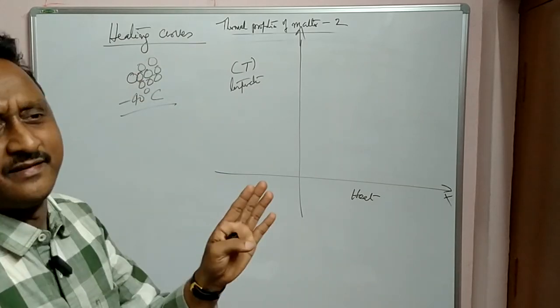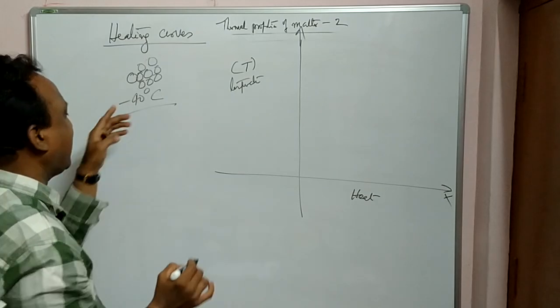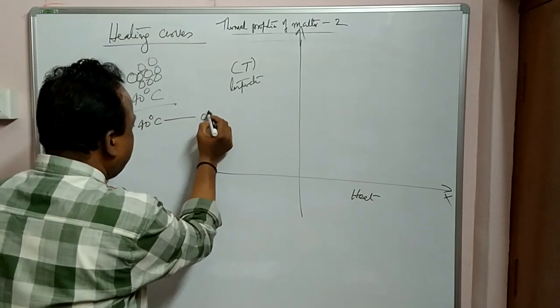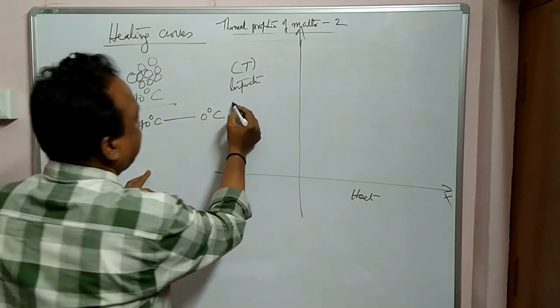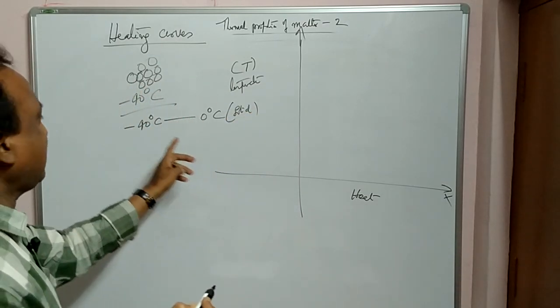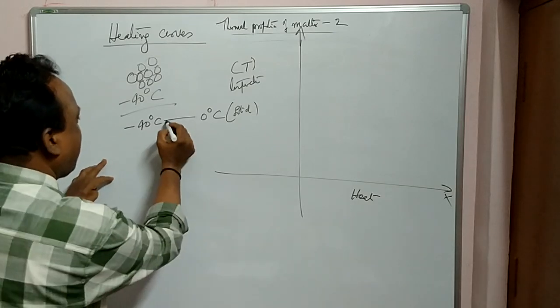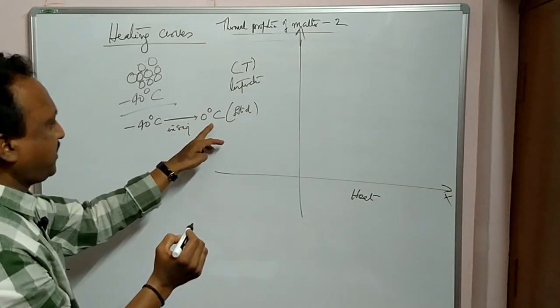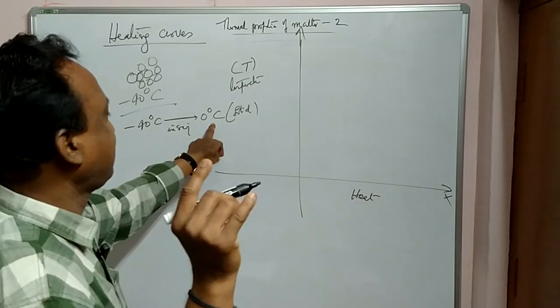Try to heat it. Now what happens when you heat the ice pieces? From minus 40, up to 0 degree centigrade, the ice remains a solid piece while the temperature increases. Minus 40 to 0 degree centigrade ice.